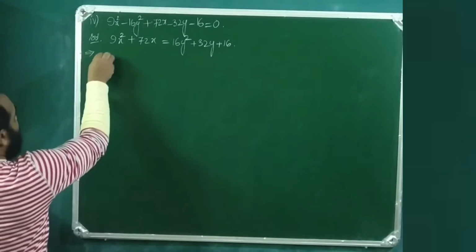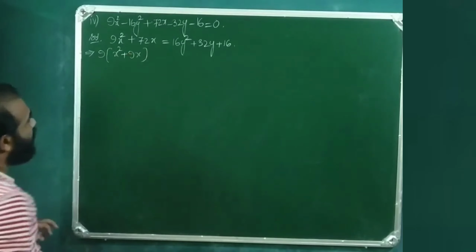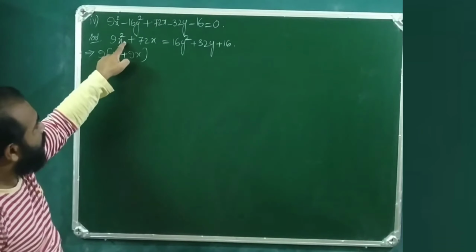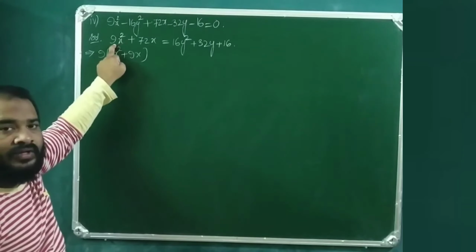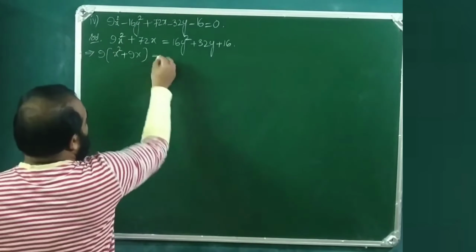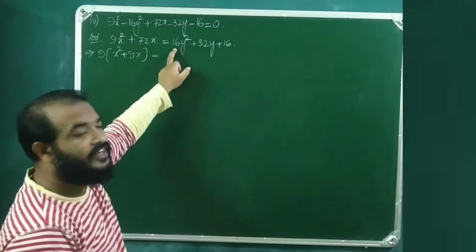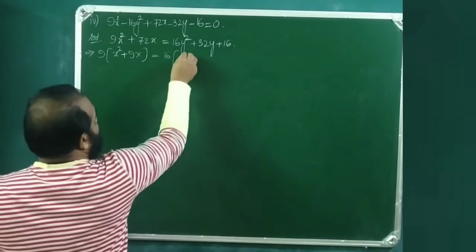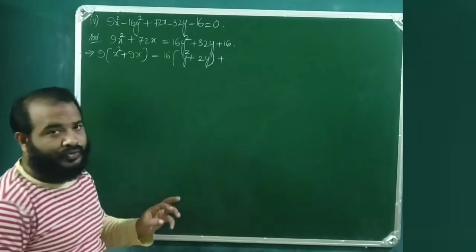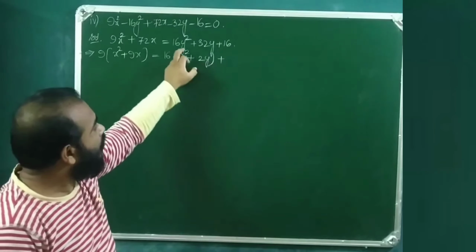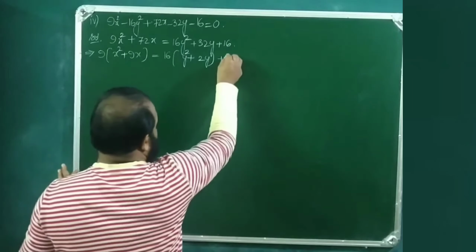The coefficient of x square and y square should be 1, so whatever coefficient we have is to be taken common. Here the y square coefficient is 16, so we take 16 in common: y square plus 2y. The constant 16 is not involved in taking common, so we keep it apart.